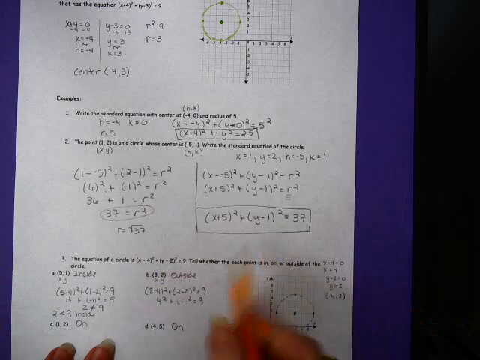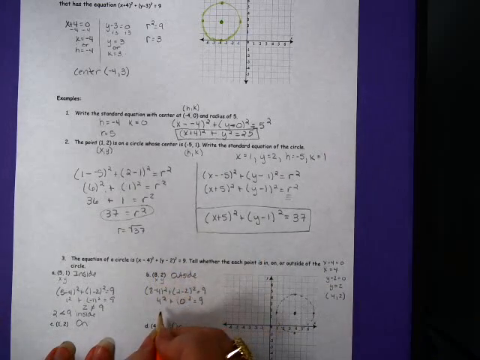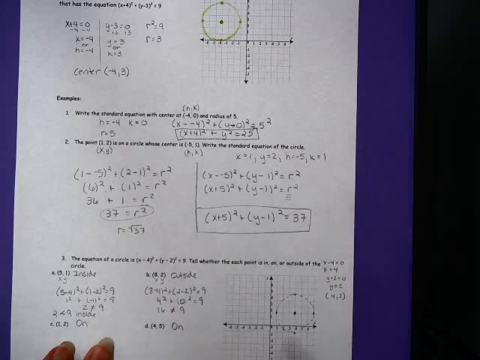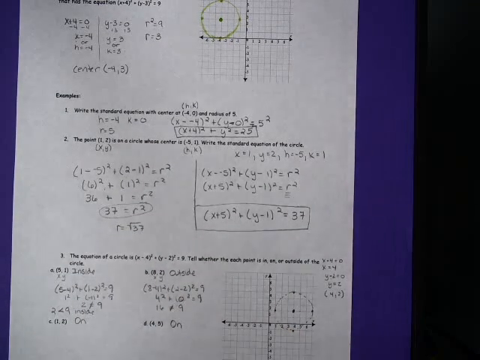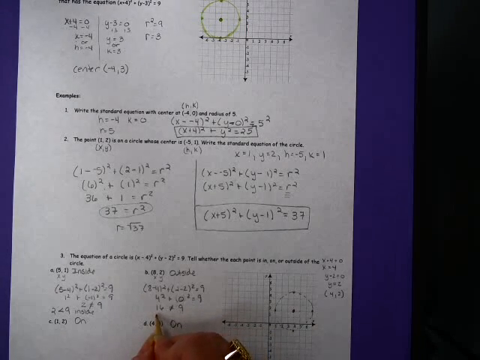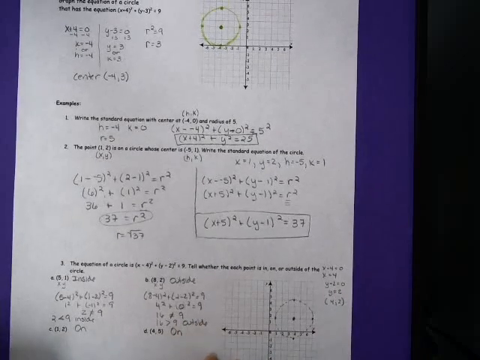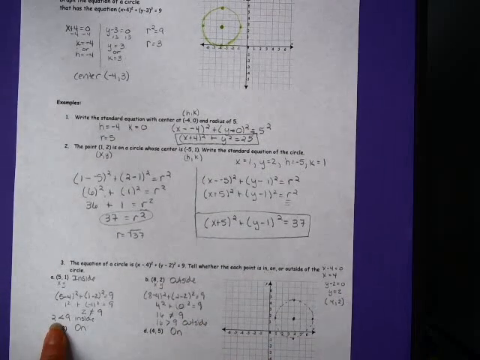That's just 0 squared. Okay, so that's going to be 16 plus 0 equals 9. So 16 doesn't equal 9, so it's not on the circle. It's either going to be inside or outside. And since 16 is greater than 9, it's going to be on the outside. Because this one's too small to get outside the circle, and this one is too big to be inside the circle.